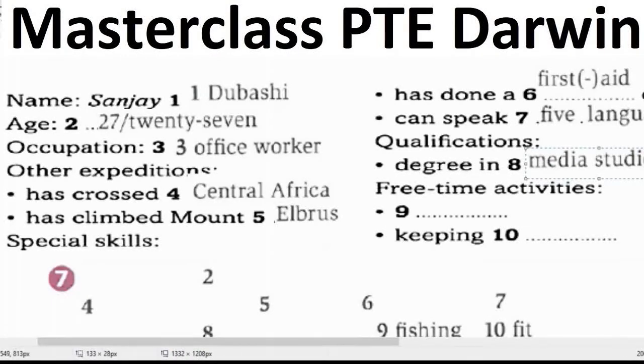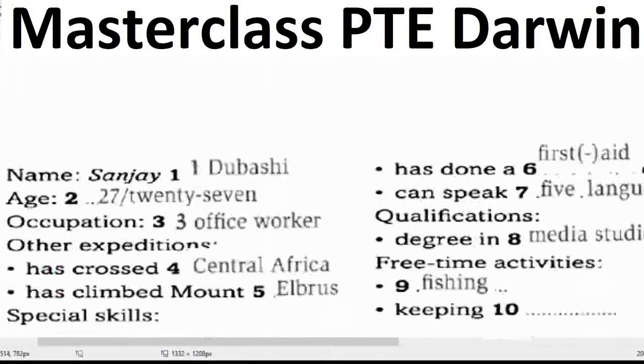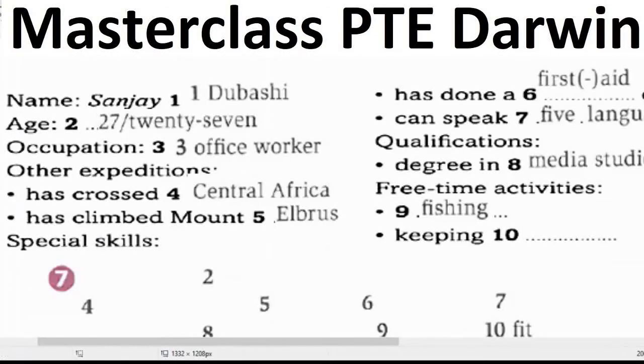Okay, free time activities. Free time activities was fishing. The last one was very difficult. He loves to go to the gym or something, he was saying. So keeping fit. Can we use keeping a healthy diet?